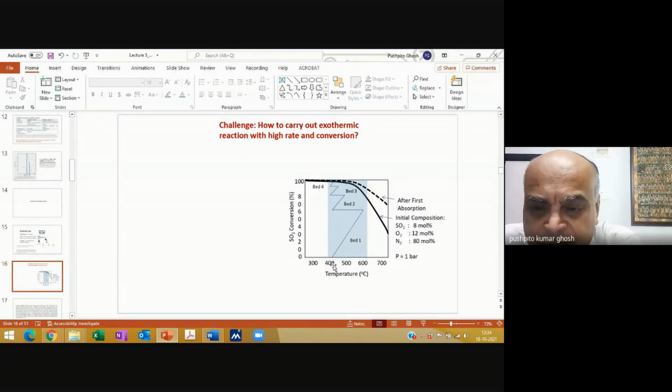Exactly as you said, they start with a certain temperature. They allow the reaction to take place up to a certain point, and you can do that in several ways.